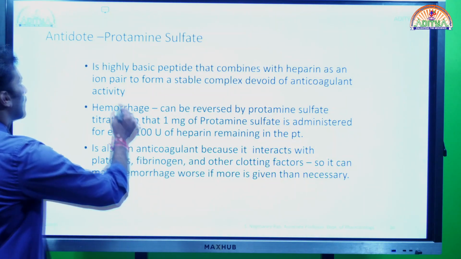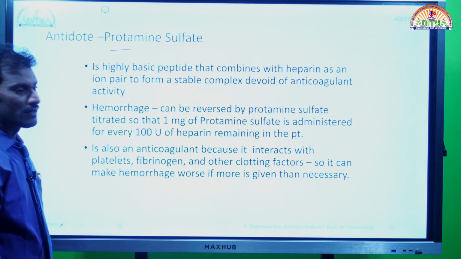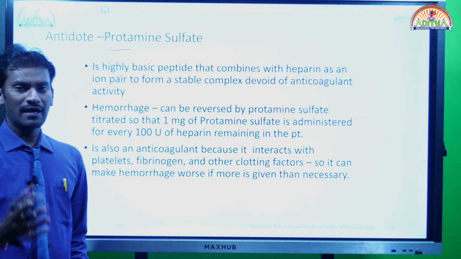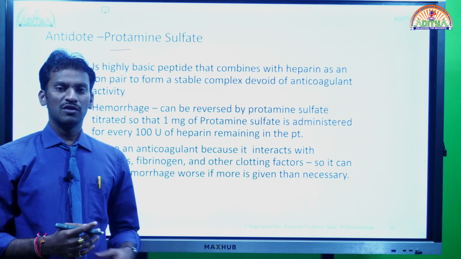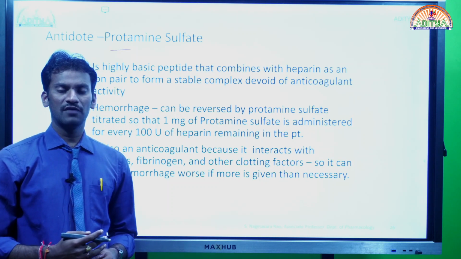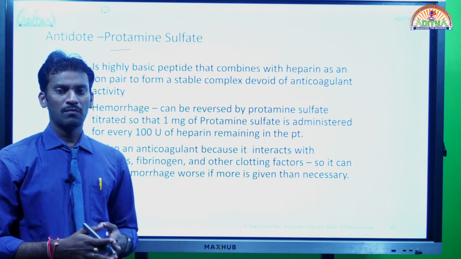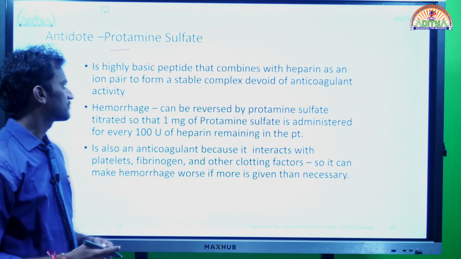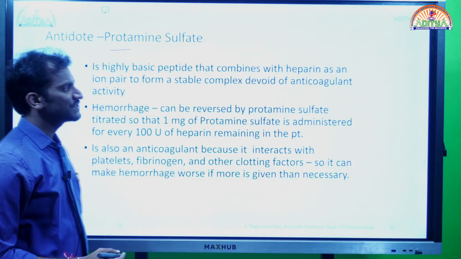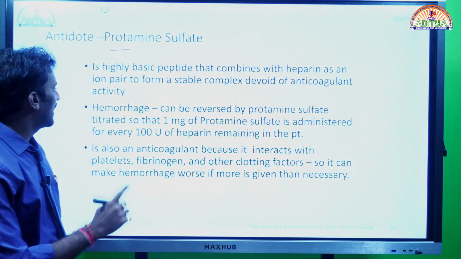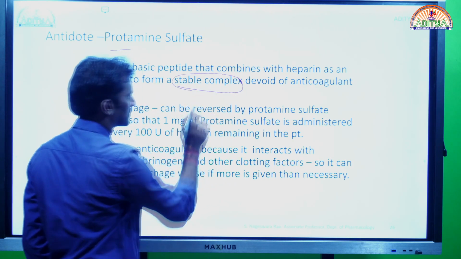Next, antidote. Patients who are at high risk from a high dose of heparin can be managed with the administration of a heparin antagonist. The drug is known as protamine sulfate. It is a highly basic peptide that combines with heparin as an ion pair to form a stable complex.